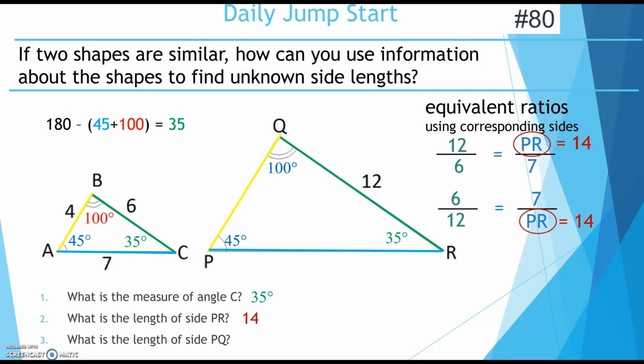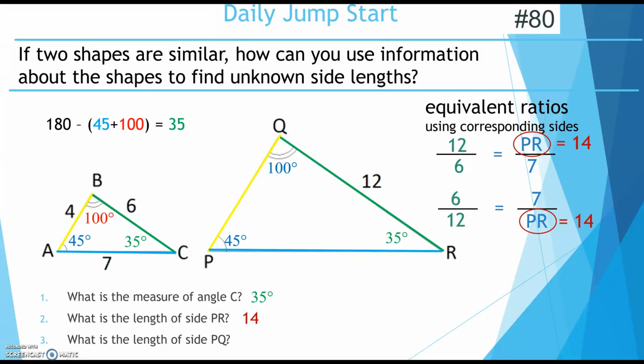Remember, a scale factor greater than 1 tells us that we are enlarging the original figure. If you look at the second ratio, 6 over 12, that simplifies to 1/2. That is also a scale factor here when we are going from the larger triangle to the smaller triangle. So remember, a scale factor of less than 1 tells us that we are shrinking our original figure.